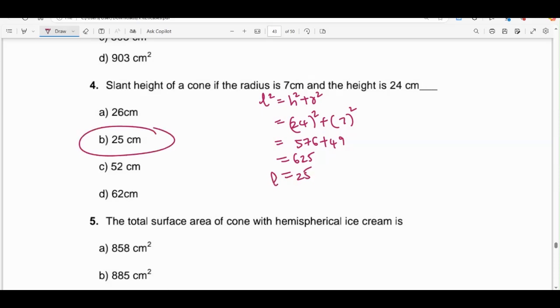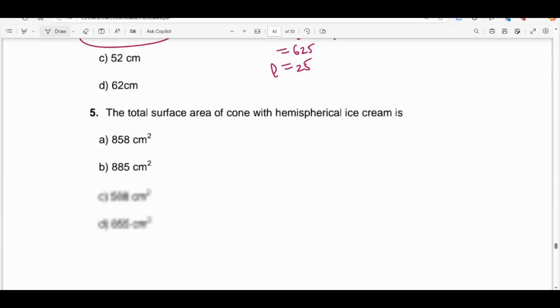Then next one is the total surface area of a cone with a hemisphere ice cream is. So here we have to find the total surface area. So total surface area will be equal to curved surface area of a cone plus curved surface area of a hemisphere.